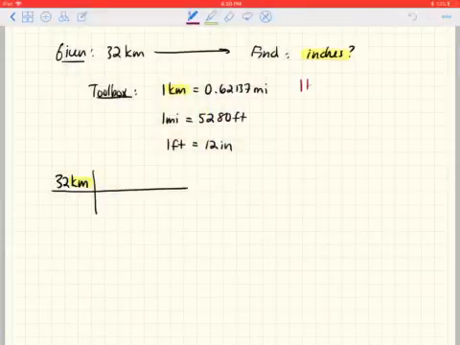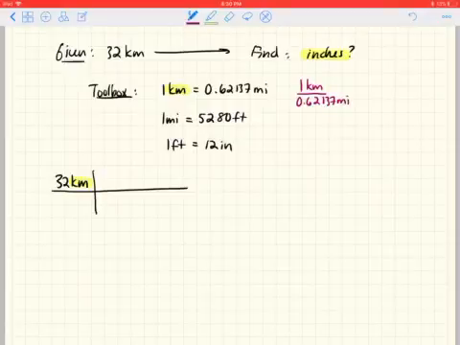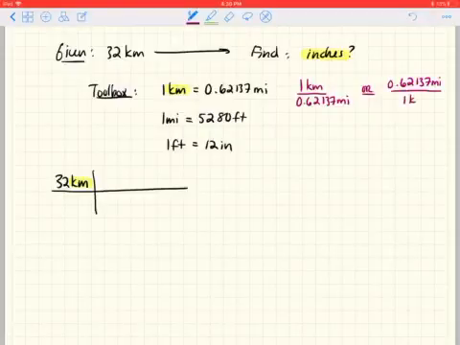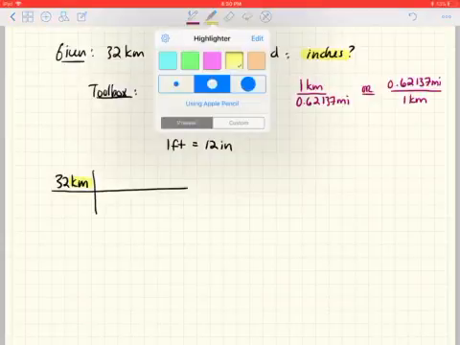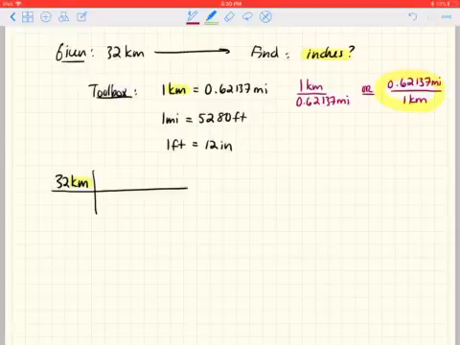I can set it up as a ratio where I have 1 kilometer over 0.62137 miles, or I could reverse it and have 0.62137 miles all over 1 kilometer. At this point, I am going to be choosing the one that has kilometers on the bottom.